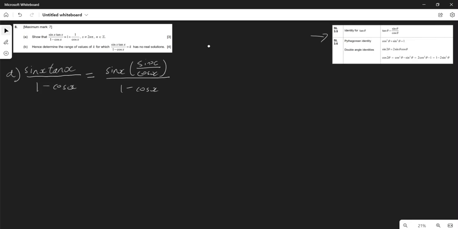And just by using some fraction rule, since we have a fraction in the numerator being multiplied, we can just bring this denominator down and multiply. So we have sine squared of x divided by cosine of x times 1 minus cosine of x.